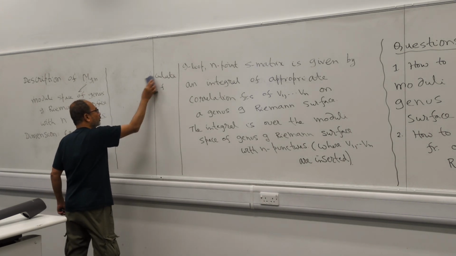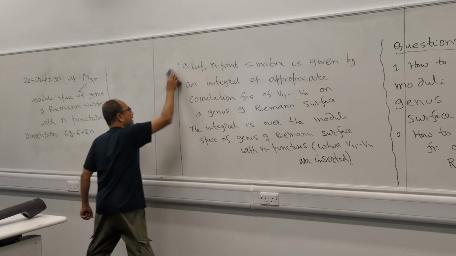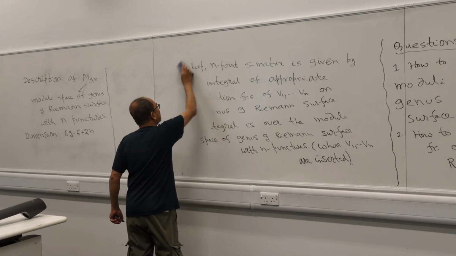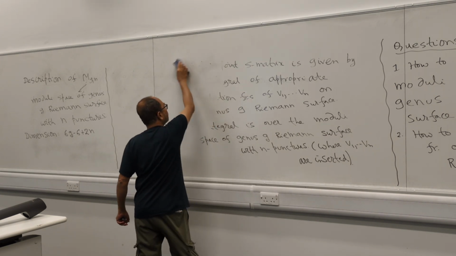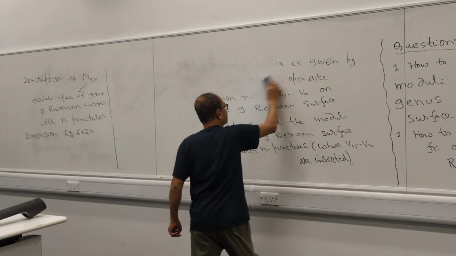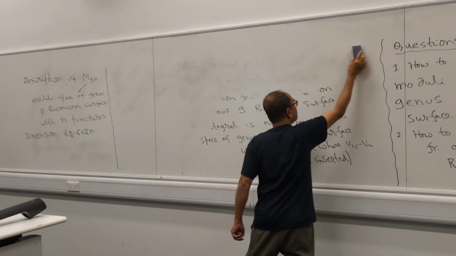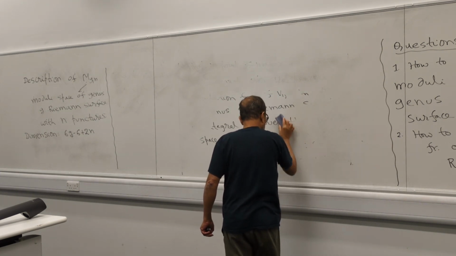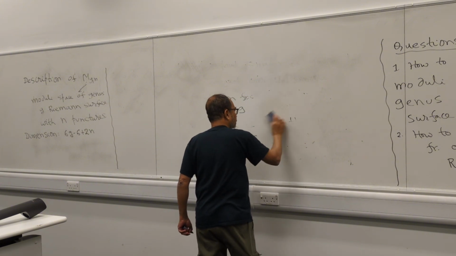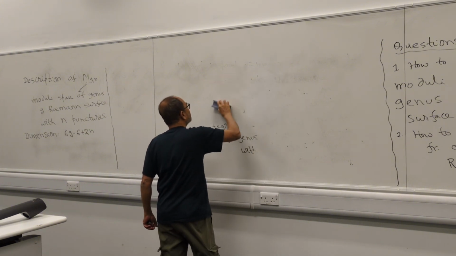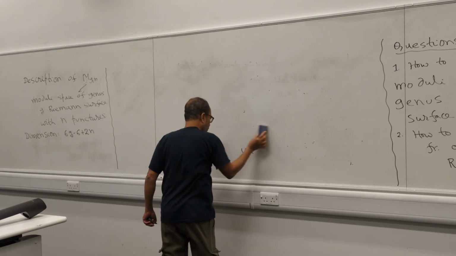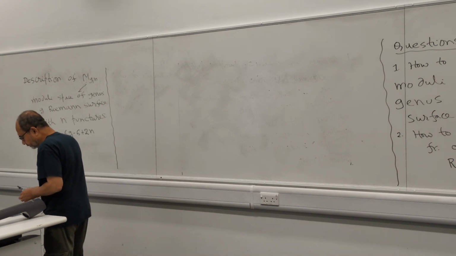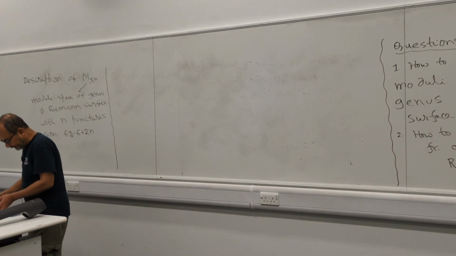Now, the way I am going to introduce the coordinates of the moduli space is not unique. There are many ways to do it, right? But this will do the job. So, first a claim which can be easily verified.